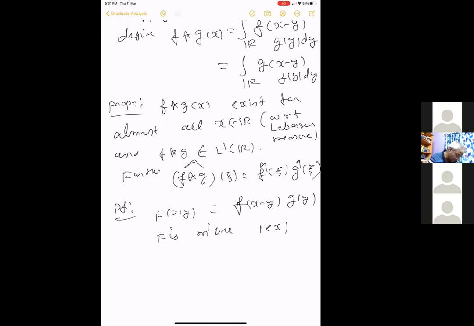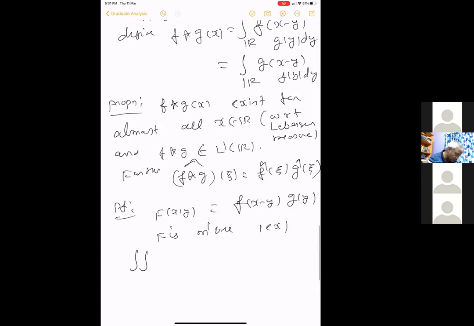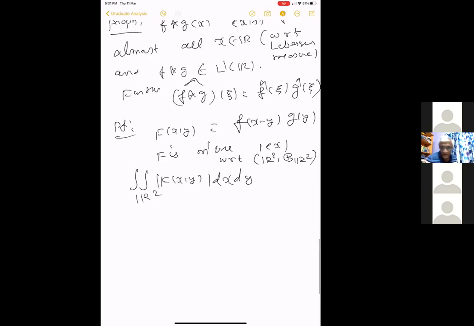So F is measurable as a function on R2. Then you consider the integral of the modulus of F(x, y) dx dy over R2. Now this is a positive function, and we can use Tonelli's theorem, so we can compute this.